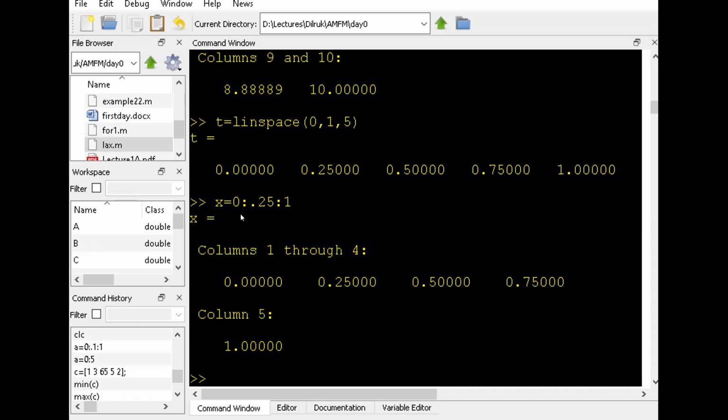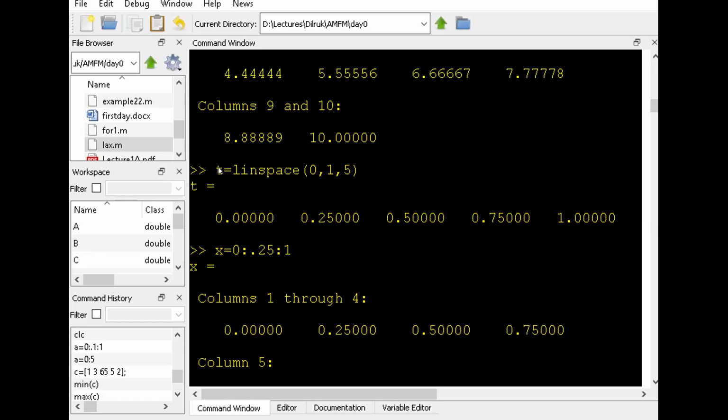You split this interval into 1, 2, 3, 4 subintervals. The length of each subinterval is this much, right? So that's the thing. I think this makes sense.